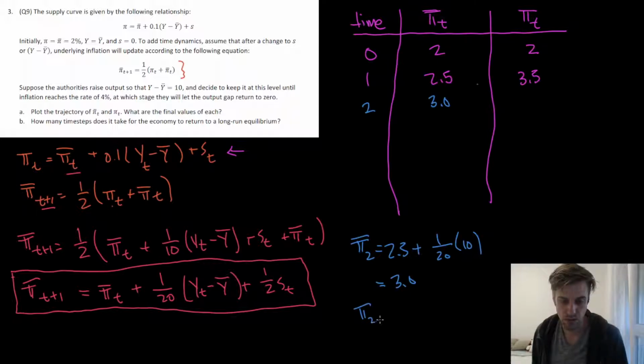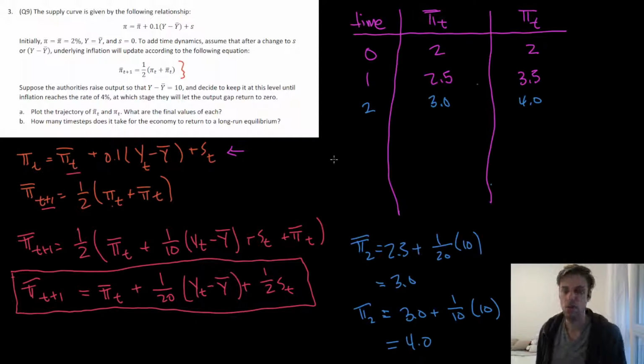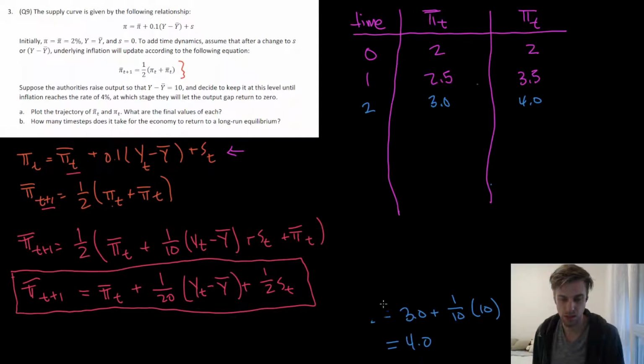And then pi 2, we update using pi bar 2, using this equation, which will be 3.0 plus 1/10 of 10, which is 1, and so we get to 4.0. So now we've reached the target inflation, and so the monetary authority is going to put the gap back to 0.